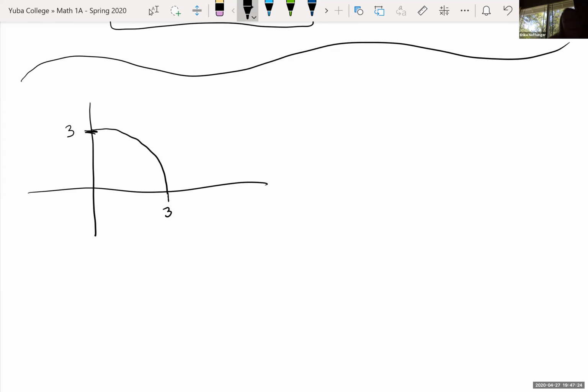So maybe you were given something that looked like this. And this was y is equal to 9 minus x squared.